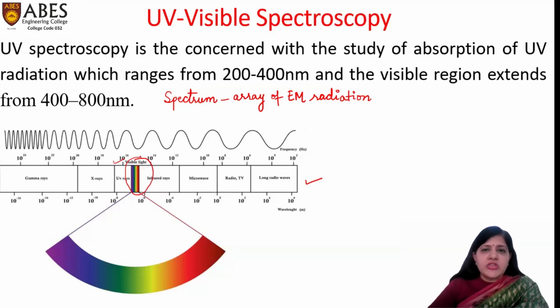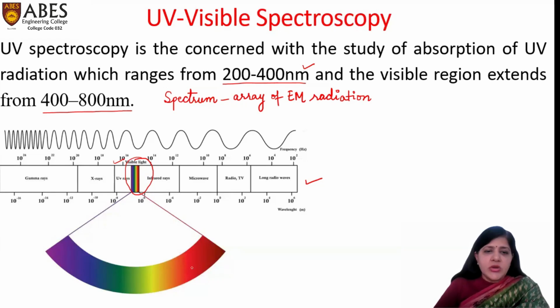UV radiations correspond to 200 nanometer to 400 nanometer, and the visible region we are studying extends from 400 nanometer to 800 nanometer. This visible region consists of VIBGYOR, that is violet, indigo, blue, green, yellow, orange and red color.